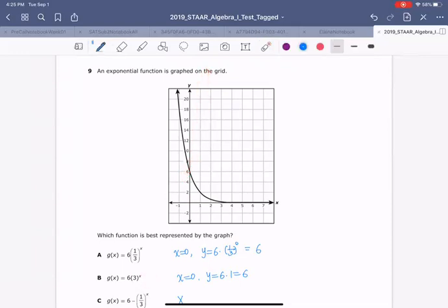If we check A, when x equals 1, y equals 6 times 1 over 3 to the power 1, which is 2. So 1 and 2, it passes this point. Does that make sense? So based on this, we can confirm that A is the correct choice. Does this make sense?